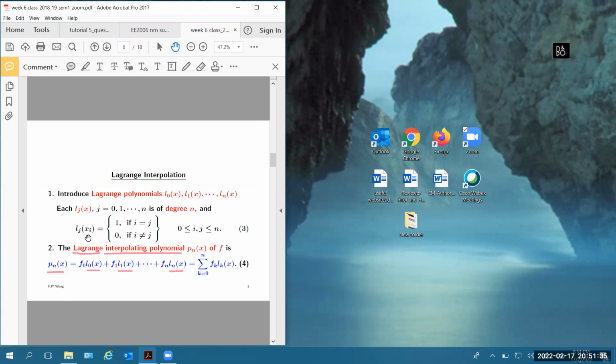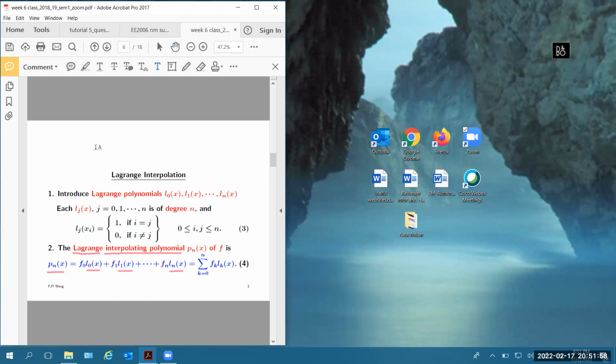When you substitute xi into Lj, the answer is only 1 or 0. It will be 1 if i and j are equal, and it will be 0 if i and j are different. For example, this property means this.